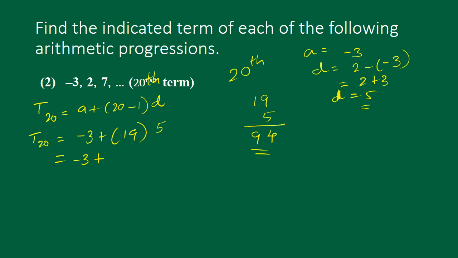It's 94, and you get minus 3 plus 94, right? Sorry, this is 95, right? 94, 95, and then you get 92. Then T20 is 92. You have found the answer.